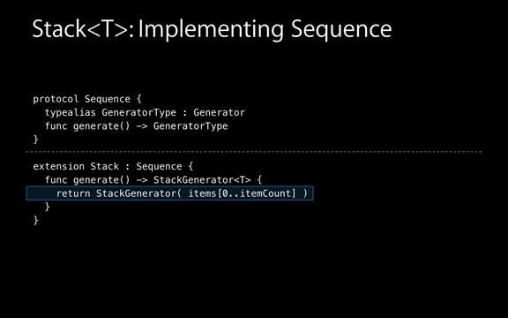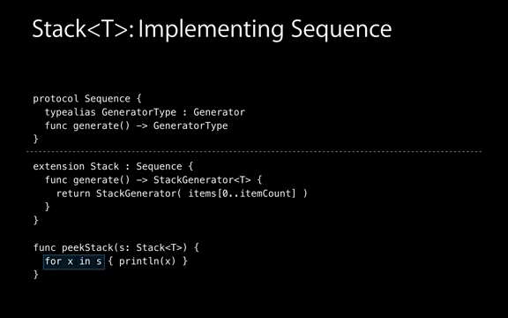In this case, I'm returning stack generator, and I haven't written the T in angle brackets. That's because the type context, the fact that we're returning a stack generator of T, allows the compiler to deduce what type that is. OK, and now we can finally loop over the elements of our stack, and Krusty is happy again.